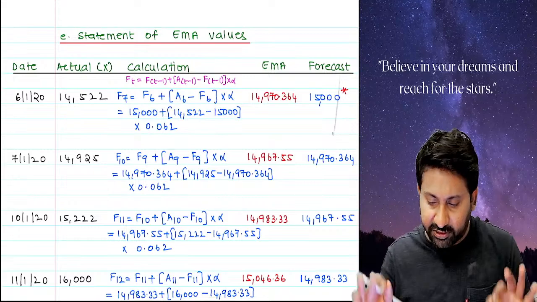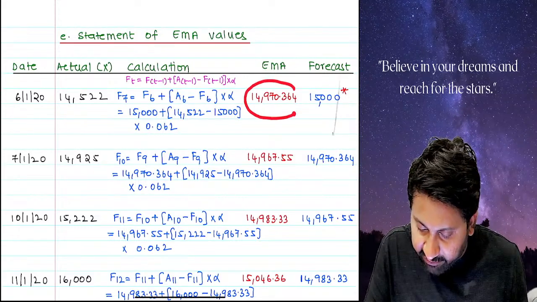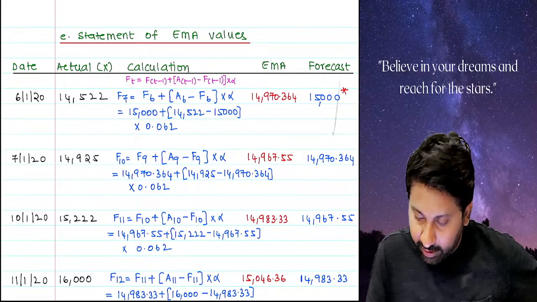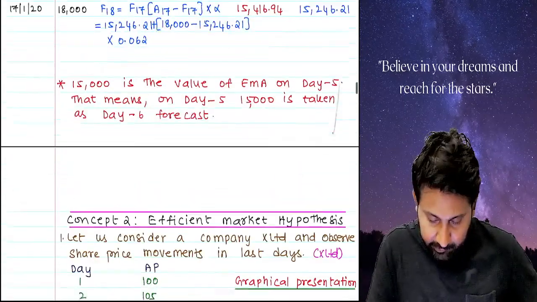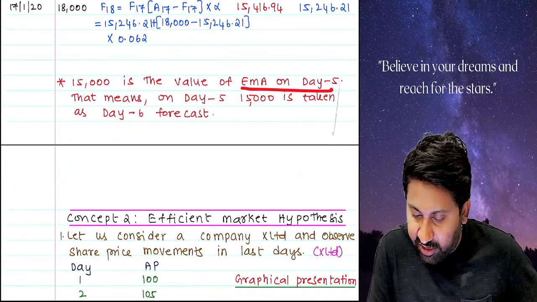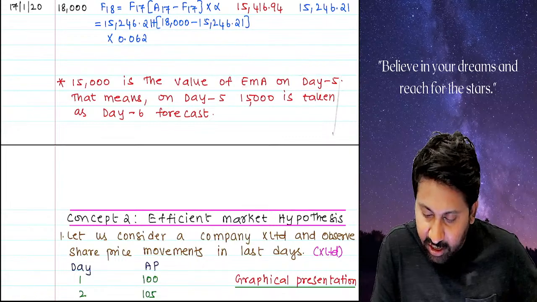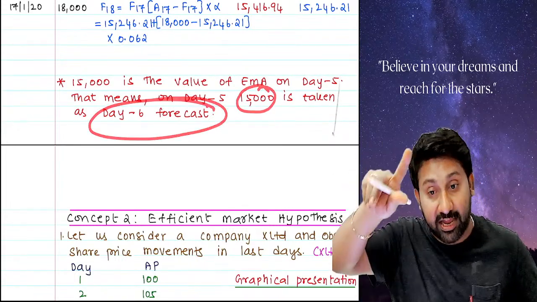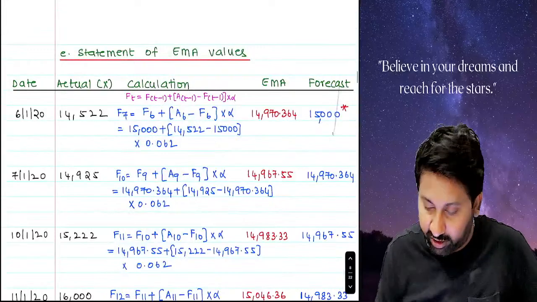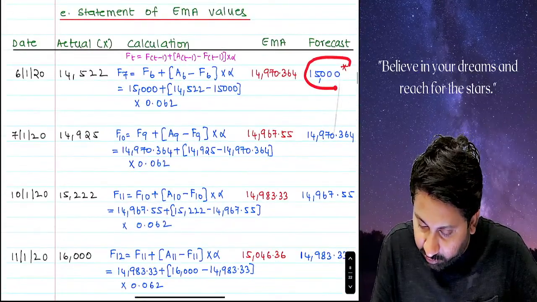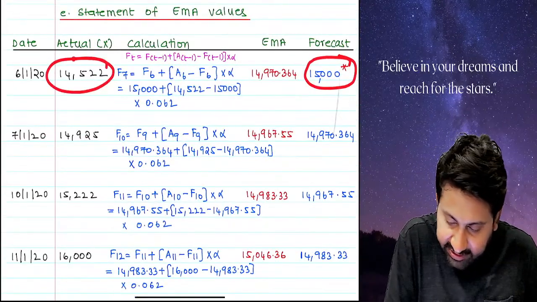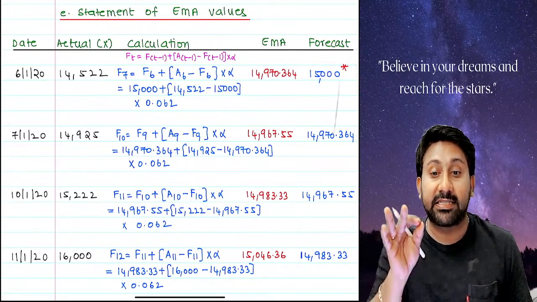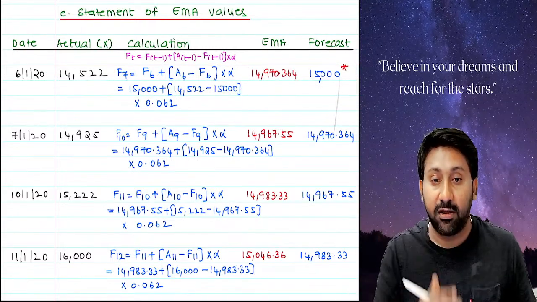So up to here, the exponential moving average is 14,970.364. 15,000 is the value of EMA on day 5. That means on day 5, 15,000 is taken as the day 6 forecast. That's the forecast. We forecasted 15,000, actually this has happened. This day's EMA.